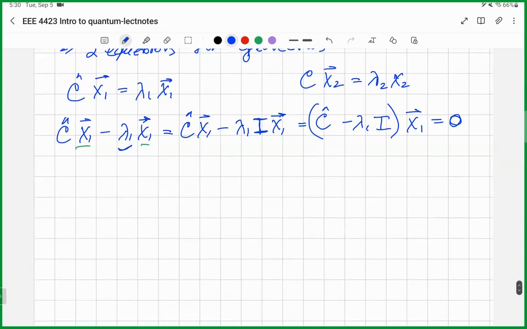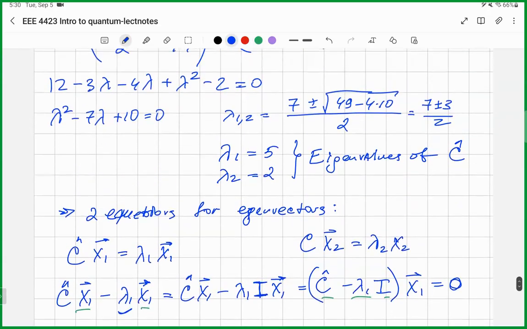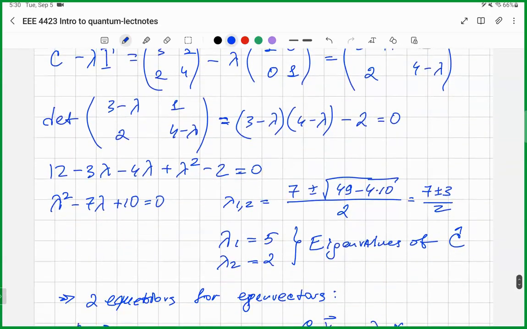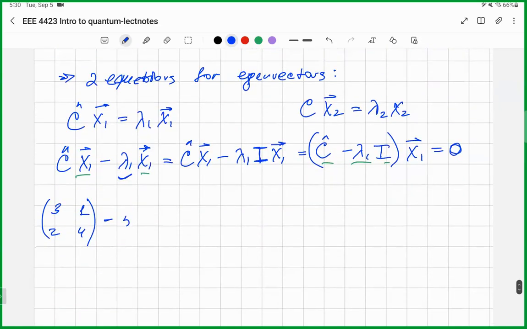Okay, so this is our equation, and now we can substitute the matrix, the eigenvalue, and the identity matrix in this equation. So our matrix is 3, 1, 2, 4, then minus lambda 1, which is 5, times the identity 1, 0, 0, 1.